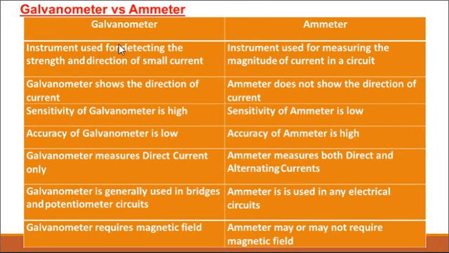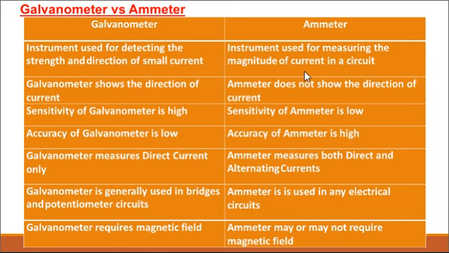A galvanometer shows the direction of the current also, but an ammeter does not show the direction of the current. So a galvanometer measures both magnitude and direction, but an ammeter measures only magnitude, not direction.